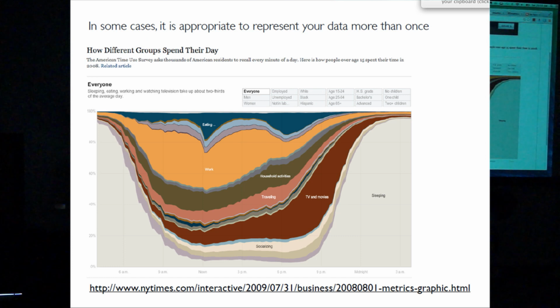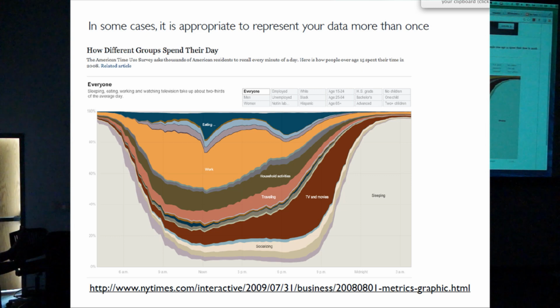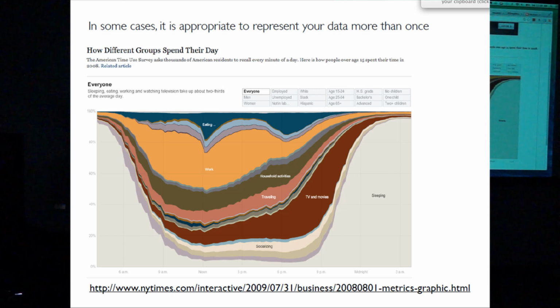Obviously during the night, Americans are not working, but then working begins to be something really important in their lives throughout the day, and the night comes again and work starts going down. This is sleep, so you can see that here. Most Americans are sleeping, but then suddenly throughout the day, there are only around 5% of Americans who are sleeping.